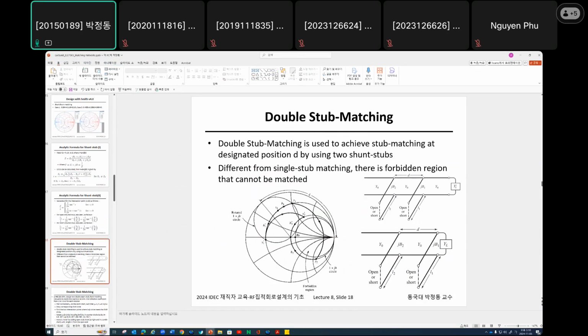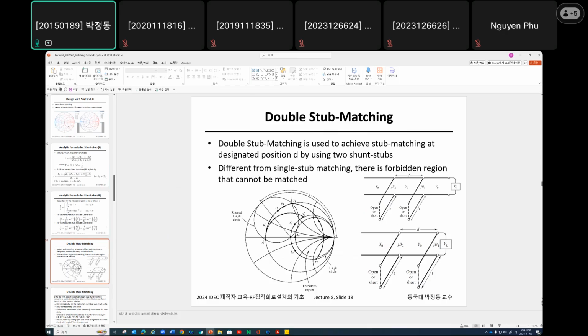This is actually not widely used in modern circuit design because it is more lossy and doesn't do much. But let's take a look at the effect. Okay.